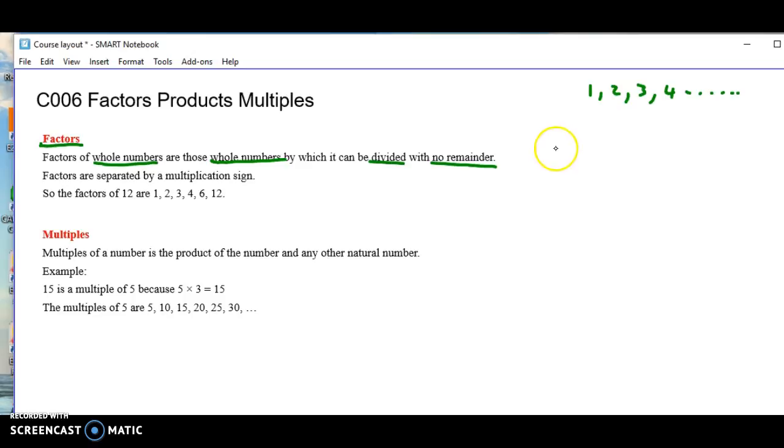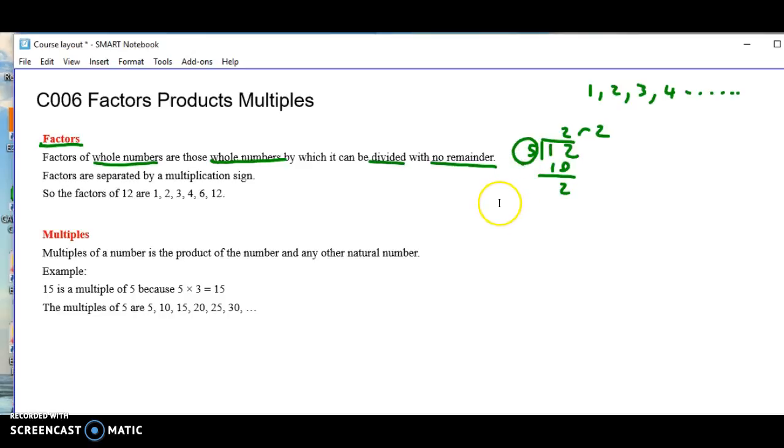So we cannot say that 5 is a factor of 12, because 5 goes into 12 twice, that's 10, and we've got a remainder of 2. You remember that from primary school? So 5 is definitely not a factor.